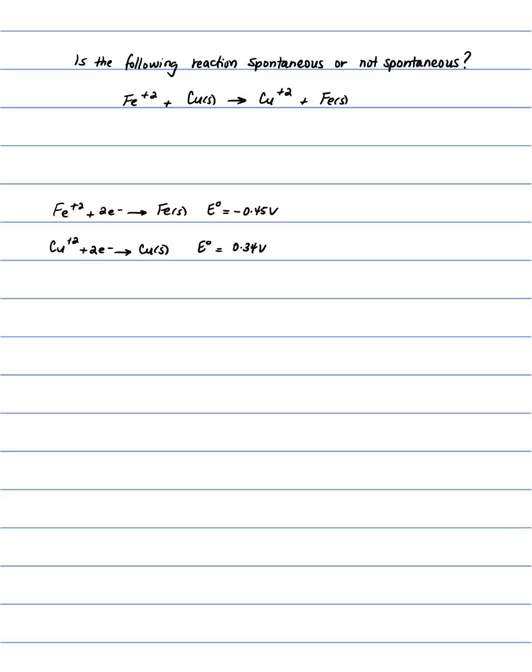So something else that you have to be able to do, look, you can be given your half reactions to find out your potential. You can be given the whole reaction to find out your potential. And something else that you can be asked is to find out if a reaction is spontaneous or not spontaneous based on the actual reaction that is given. Looking at the reaction here, iron plus 2 is going to iron 0.